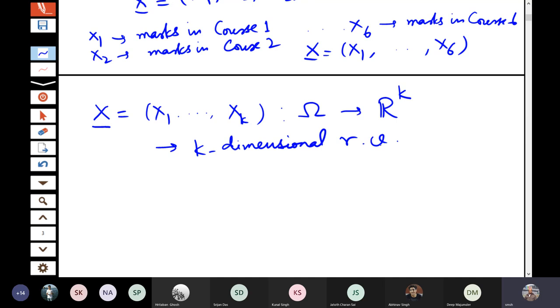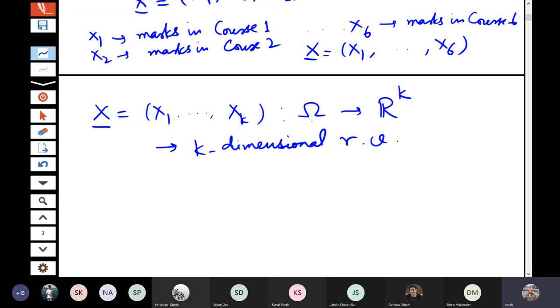Now, when you have one random variable, you have discussed the concept of cumulative distribution, the probability mass function for a discrete random variable, and the probability density function for a continuous random variable.